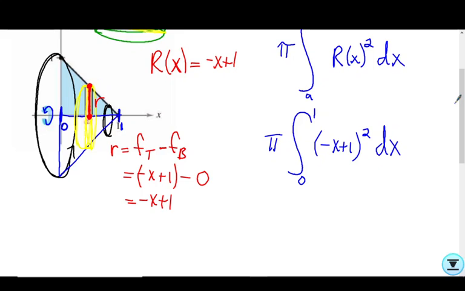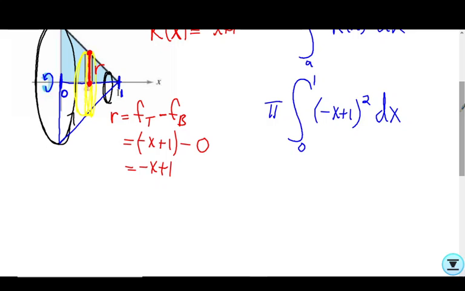So now I'm just evaluating this integral. Now that I've got my equation set up, all I have to do is evaluate it, and we're back to a definite integral. Okay? So there are two ways of doing this. You can either do it with U substitution, as we have a function inside of a function, or you could FOIL it all out and do it that way.